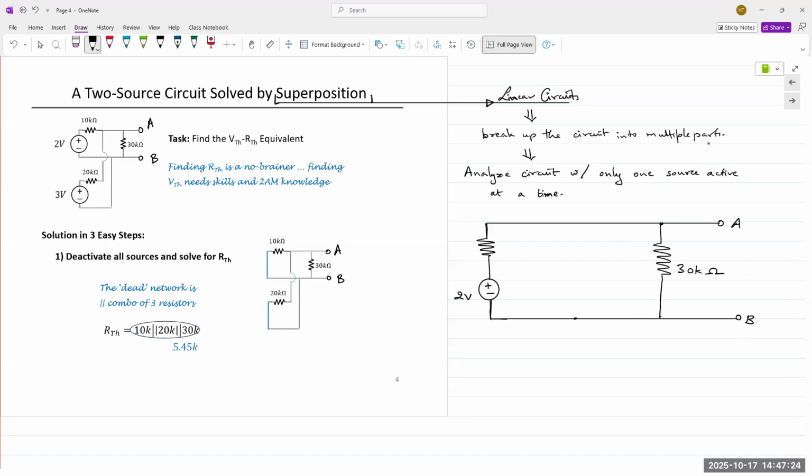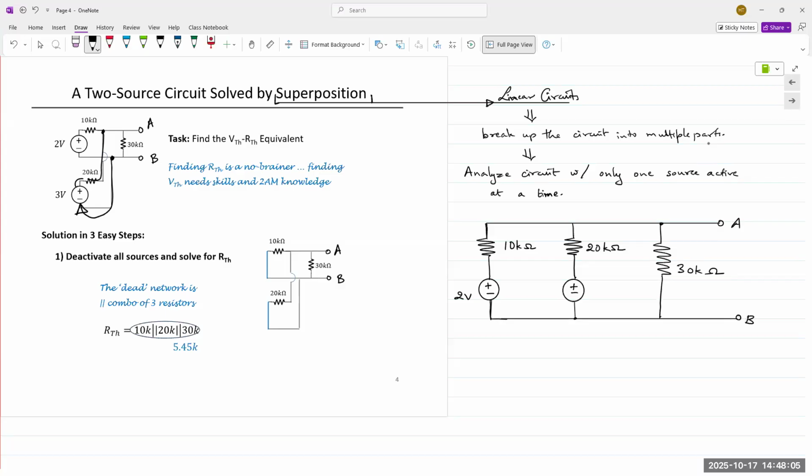If we start at B, it's connected to the negative end of the 3-volt source, and then it goes to the 20 kilo ohm resistor, and then that goes back to A. That's how the circuit looks.